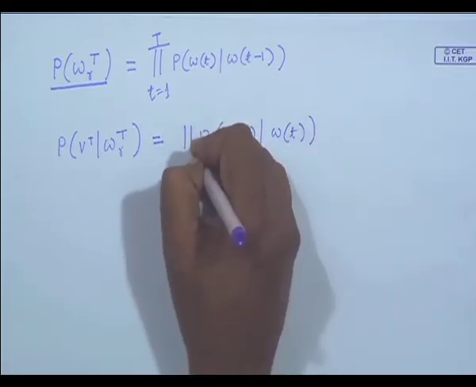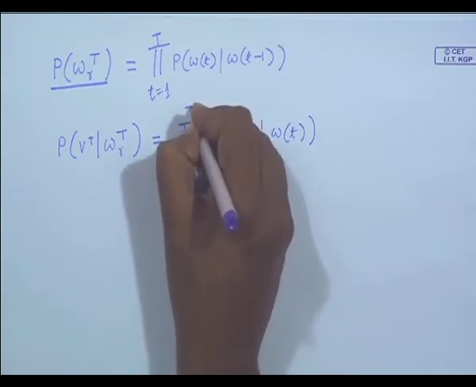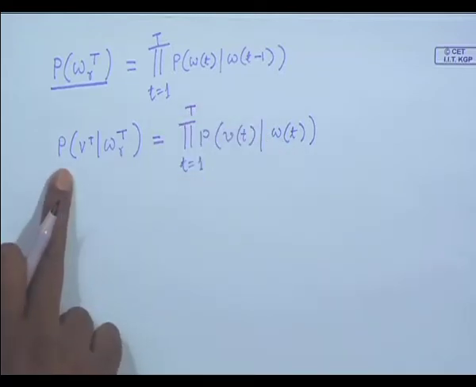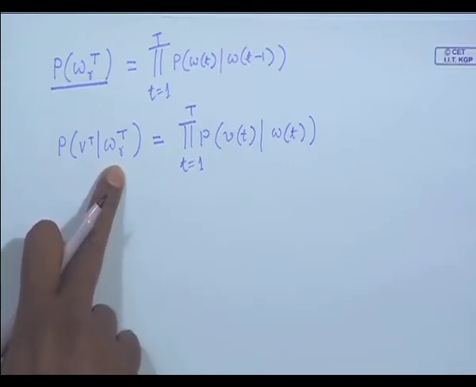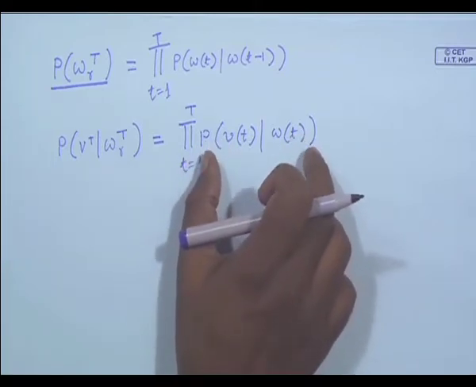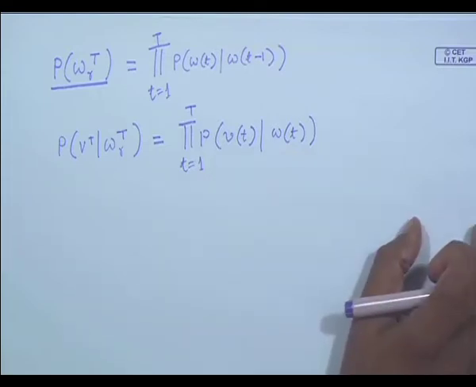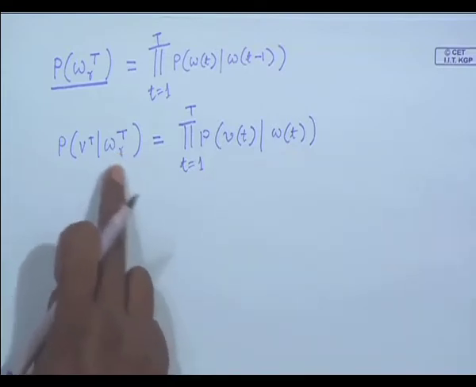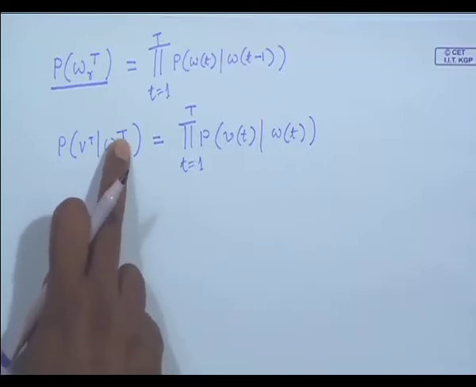And the product of this from t equal to 1 to capital T gives me the probability of V t given omega r t. And you find that this is nothing but the product of the corresponding BJKs, and every BJK will come from the hidden states in omega r t.